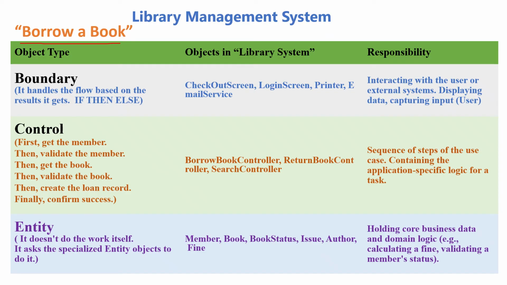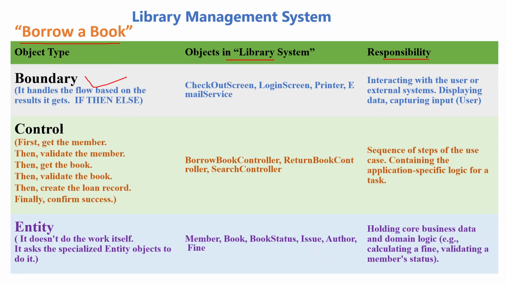Let's have the object types: boundary, control, and entity. The second column indicates which objects are related and what the responsibility of each object type is. Let's take the boundary object. As we discussed, it handles the flow of the data. If the condition is satisfied, then statements will be executed, otherwise not.